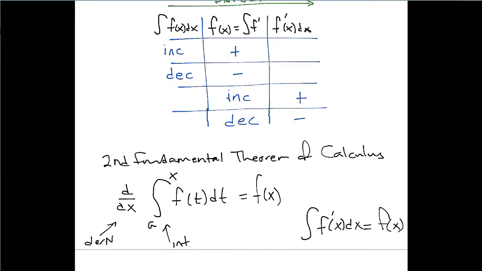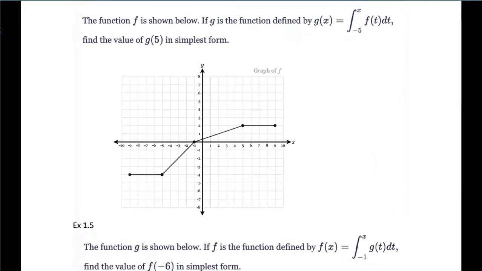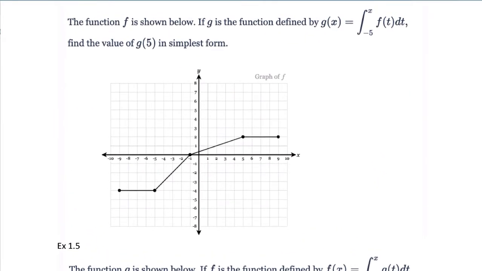So we got to think about how that works when we're doing some of these problems. For example, let's take a look at this one. We're given this function below, and it says, find the value of g in simplest form. And g is defined to be this integral. We're supposed to find the value of g of 5.